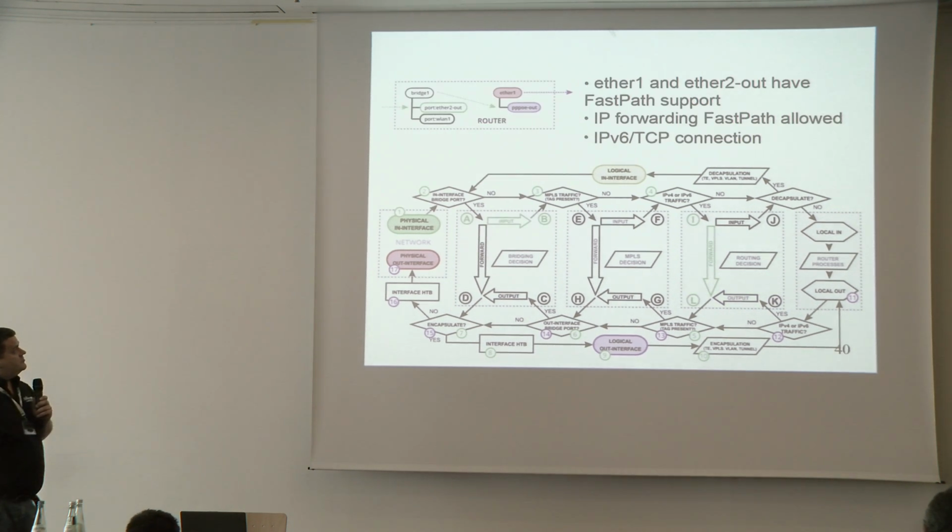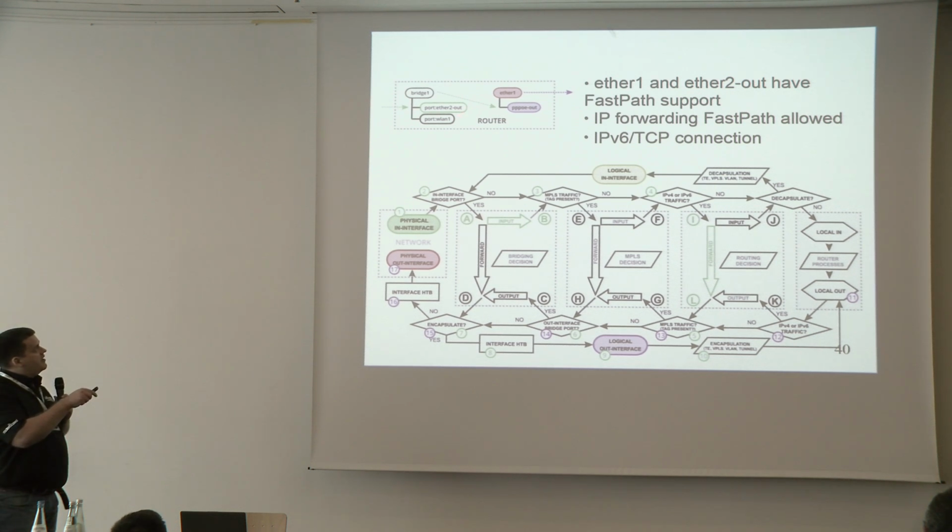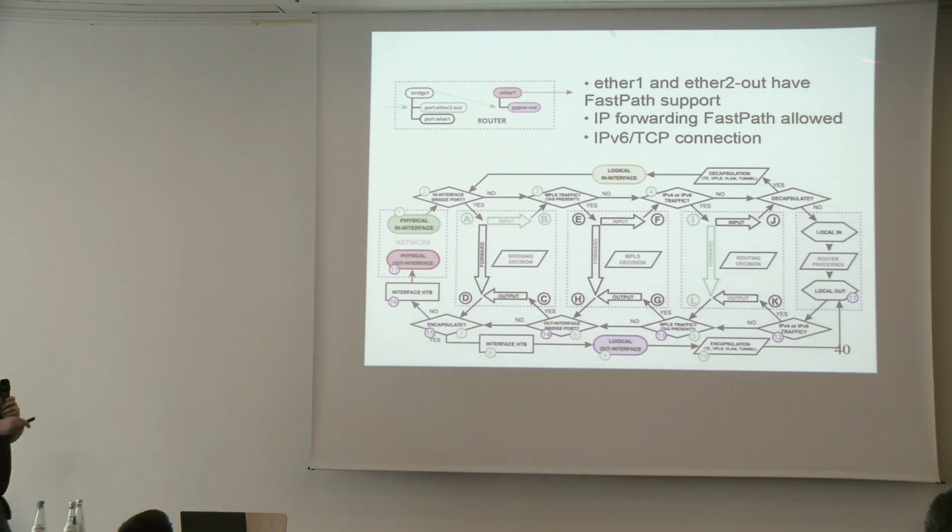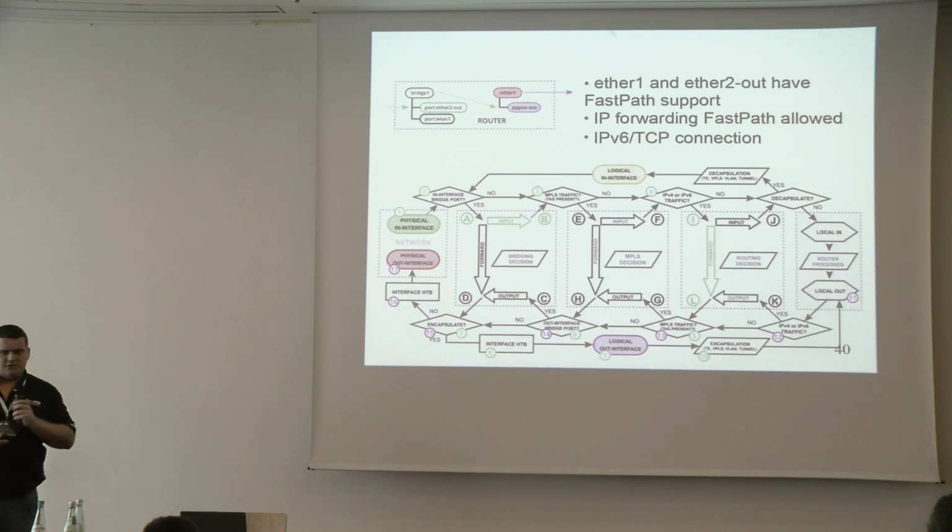So, example number 3. We have a local bridge. From one of the ports, a packet arrives, and it goes out through PPPoE on the ether1 interface. We have ether1 and ether2 FastPath support. We enabled IP forwarding allowed, and we have an IP version 6 TCP connection.